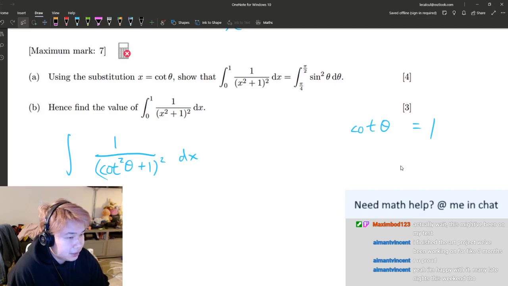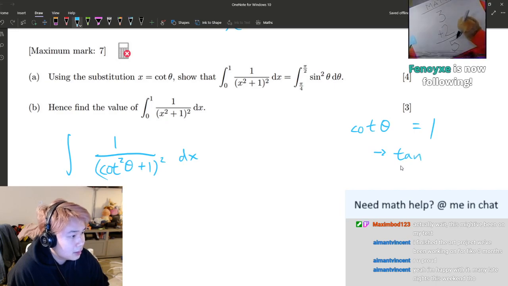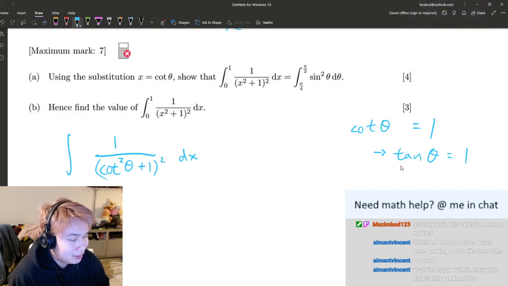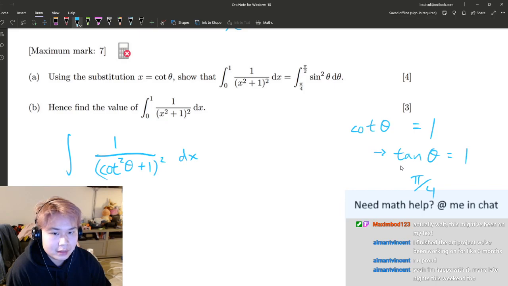Okay, if cotangent is 1, that's the same as saying that tangent is 1. This is equivalent to saying the tangent is 1, and tangent is only 1 at pi over 4. So this is pi over 4.